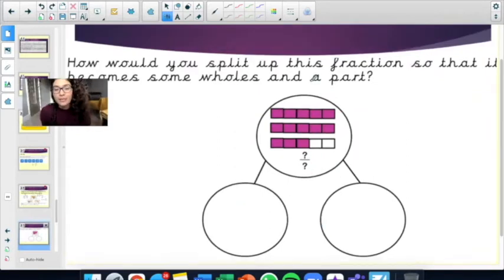So the way that I would write this as a fraction is I know that there are 13 shaded all together. Then I want to see how I would split this in order to work out what my denominator is. So I would split it by looking at the wholes. So how many parts have I shaded in that are whole? 1, 2, 3, 4, 5, 6, 7, 8, 9, 10.